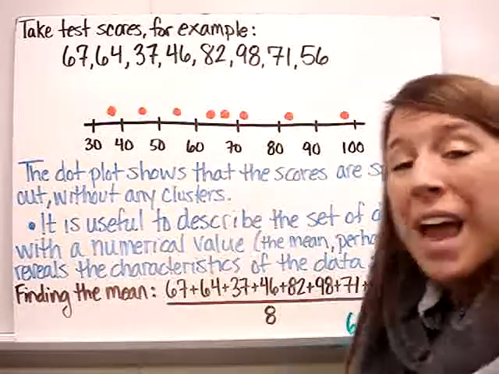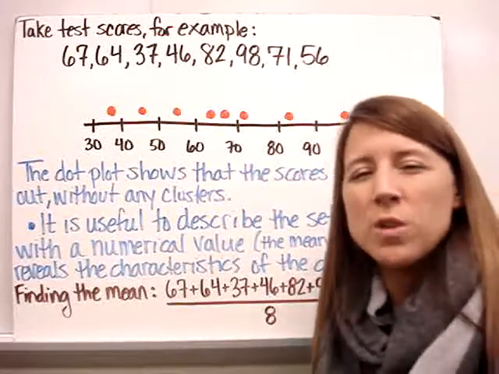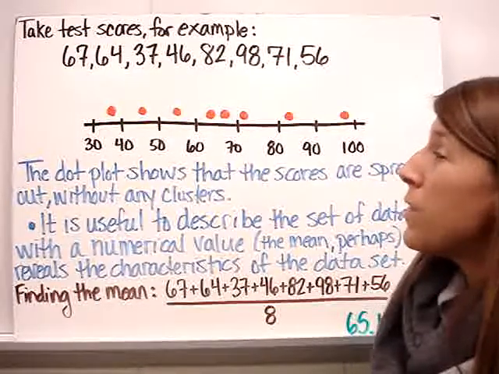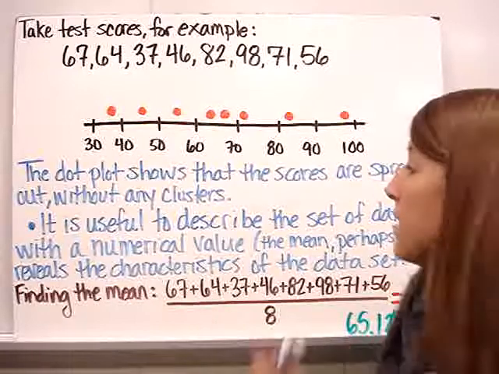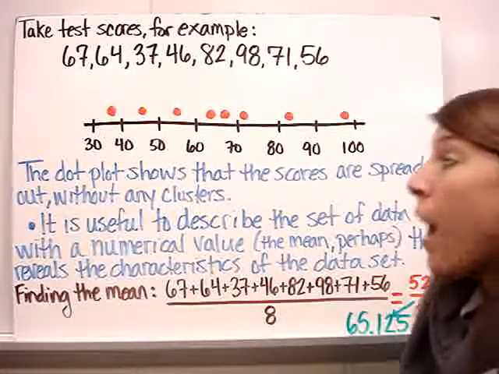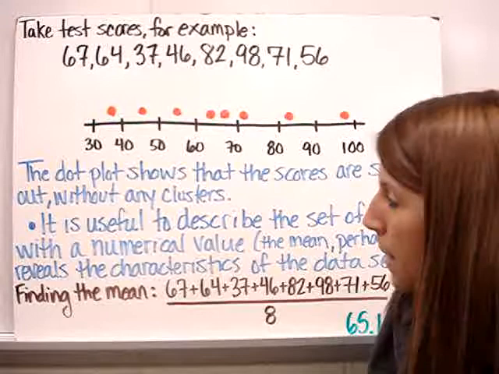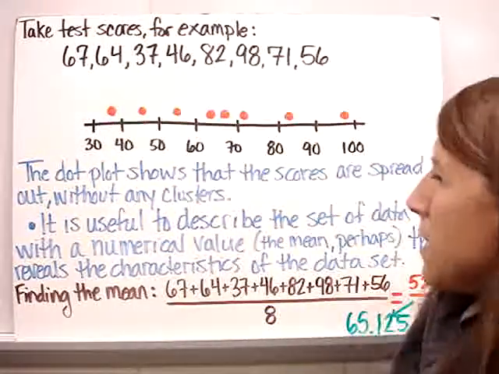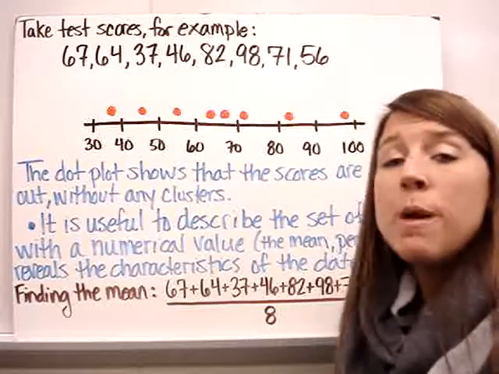You don't see a trend anywhere because there are no scores stacked up on top of one another. So the dot plot shows the scores are spread out without any clusters, okay?